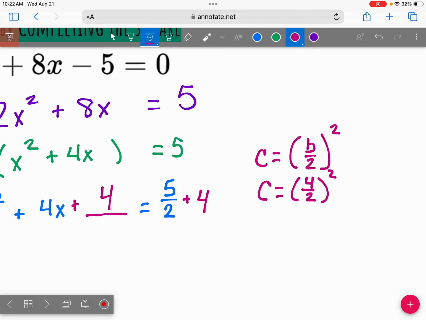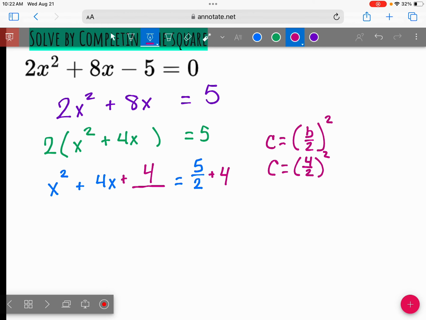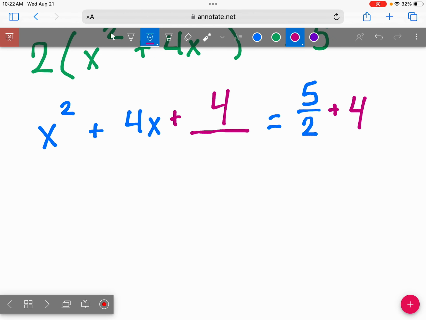Now we're ready to put this in its factored form, its completed square form. So factor your left-hand side. What is our factored form on this side? x plus 2 times x plus 2, also known as x plus 2 squared.